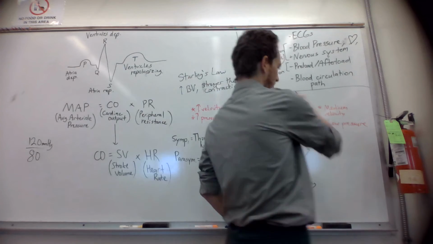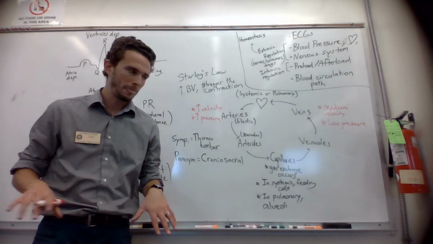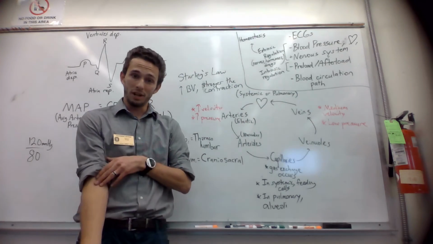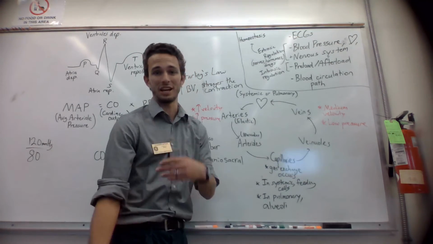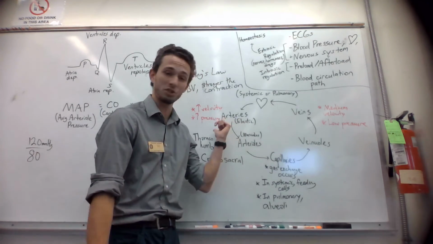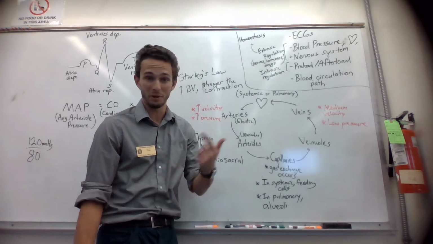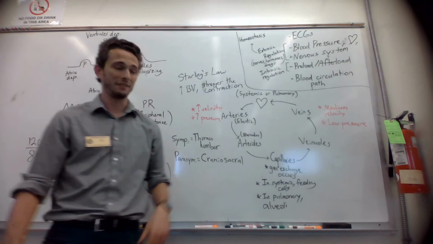So blood still has to come back relatively quickly, but at a very low pressure. The reason when you donate blood they poke into a vein is because it's very low pressure, so blood doesn't escape your body as quickly. If they poked you in an artery, they should be fired first off, and you would lose a lot of blood, probably about a gallon in about a minute. Happens very quickly. Arteries are high pressure, high velocity.